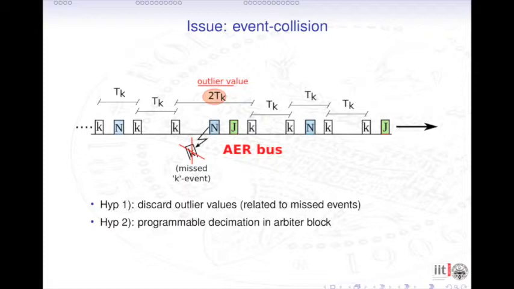we can also have two symbols that have to be transmitted at the same time, because two events occur in two different channels at the same time. In that case, the system has to discard one symbol.